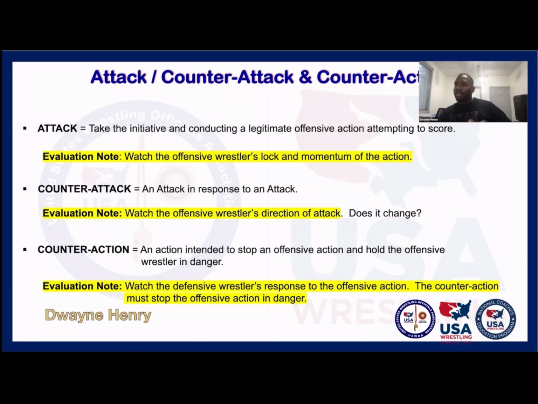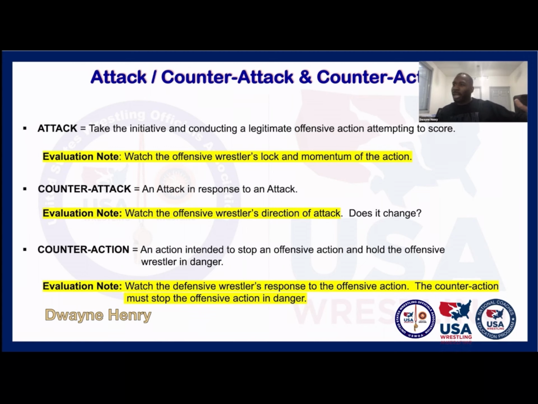When we talk about counterattacks, these are attacks that are a response to some type of attack. For example, you could think of a double leg. Someone hits a double leg or a high crotch, and the other guy goes right to a cross face, putting the guy in the middle and going right to a chest wrap situation, right? This chest wrap, head inside trap situation wouldn't have occurred if the other guy didn't initiate some type of attack, right?